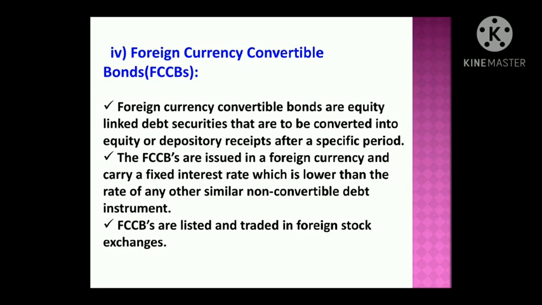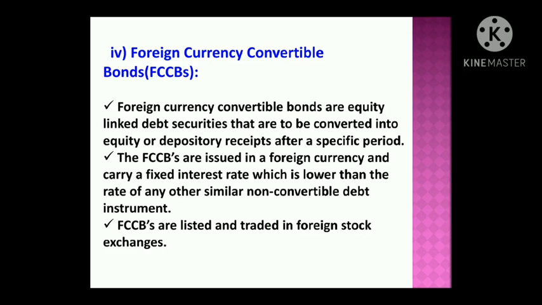FCCBs are issued in a foreign currency and carry a fixed interest rate which is lower than the rate of any other similar non-convertible debt instrument. And FCCBs are listed and traded in foreign stock exchanges. So these are the main features of foreign currency convertible bonds.